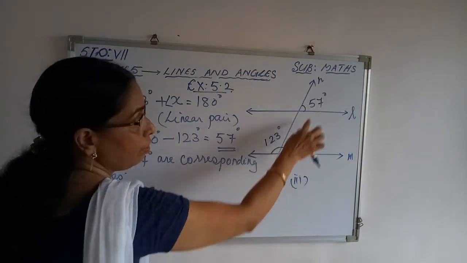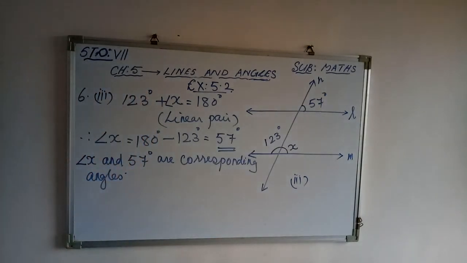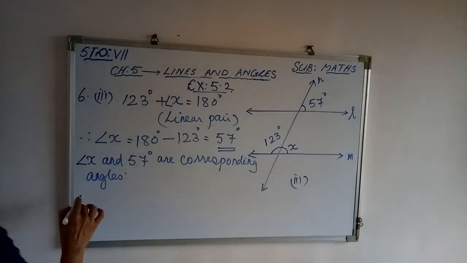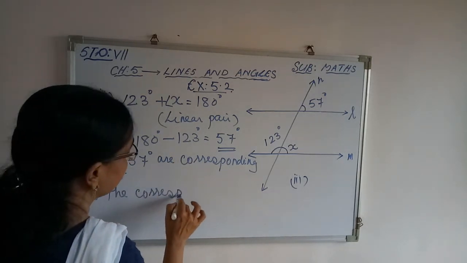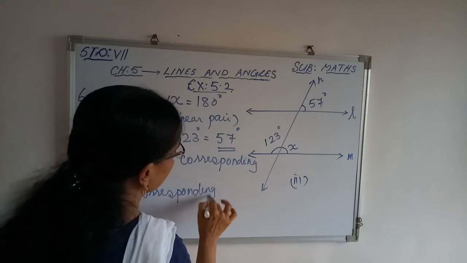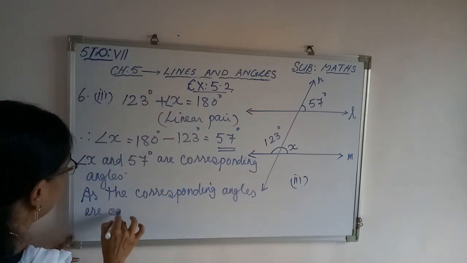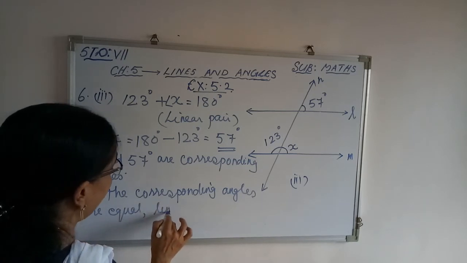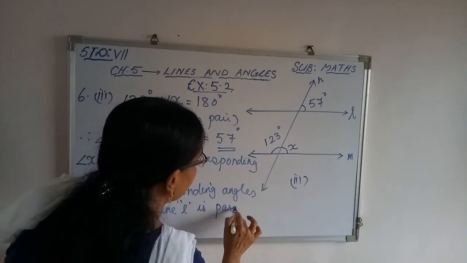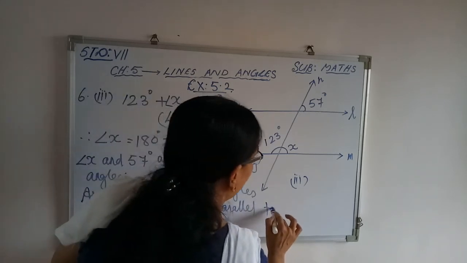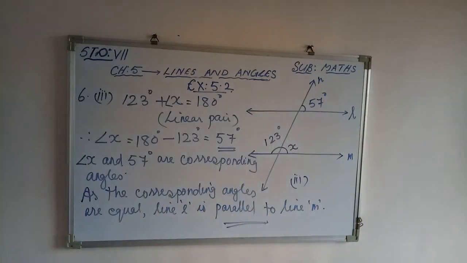Here also we got 57. Here also 57. These two angles are corresponding angles. As the corresponding angles are equal, line L is parallel to line M. Is that clear?